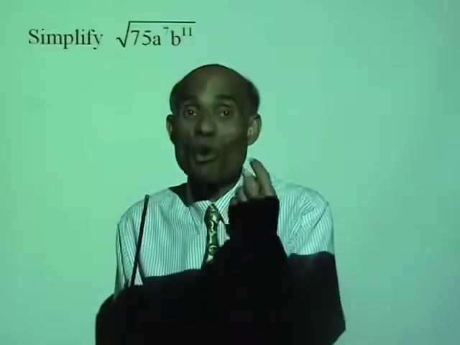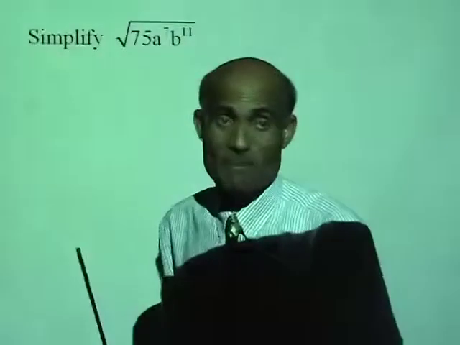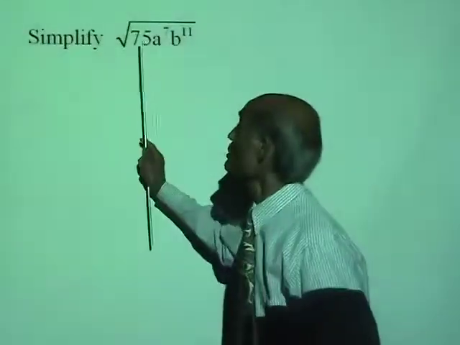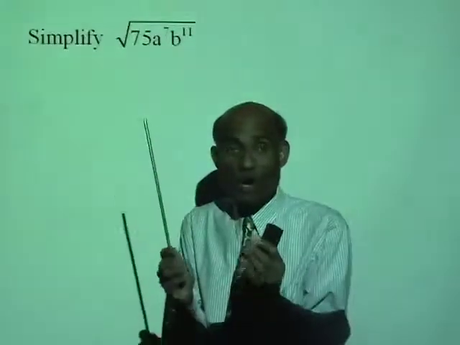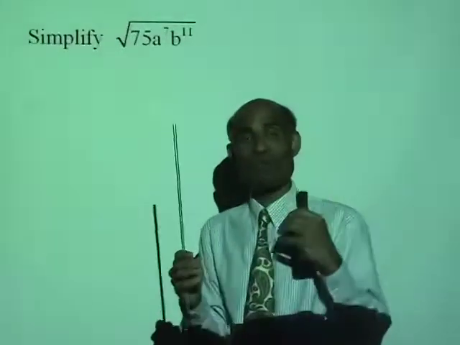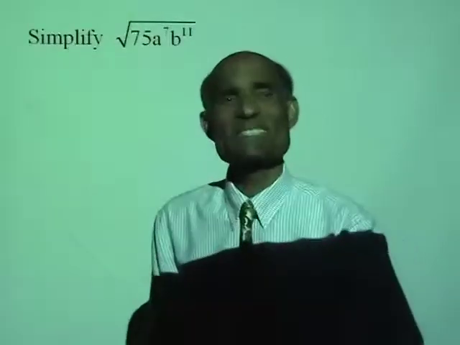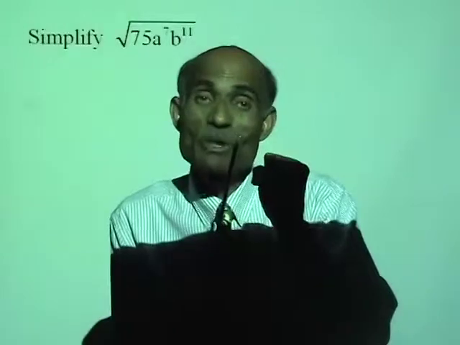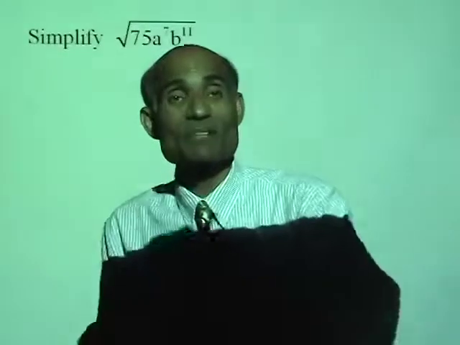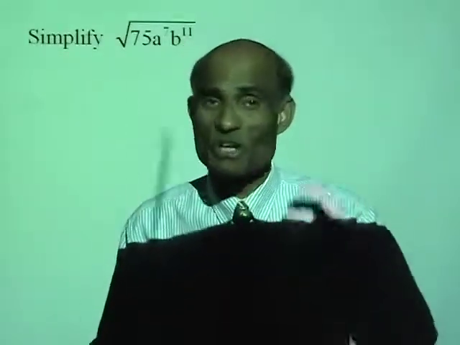We are looking for perfect squares. You need to write 75 as the product of the highest perfect square. Can you think of 75 as the product of a perfect square times another number? Does it come to your mind?